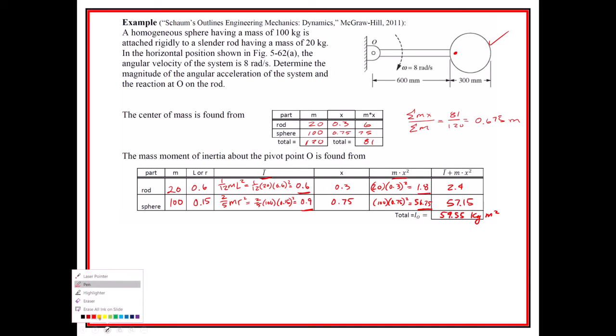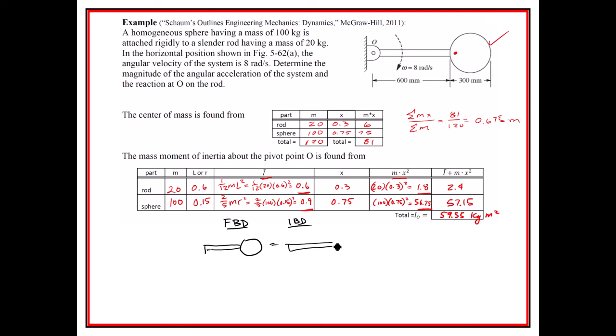So if we draw up the FBD and IBD of this, I didn't give myself a lot of room here. Move it over. We could do this a couple different ways. I think I'm going to do it both ways.